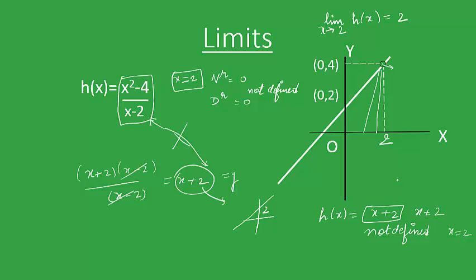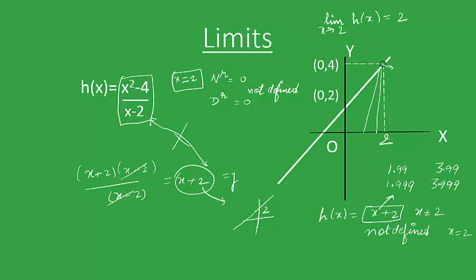As we put values closer to 2 but not equal to 2, let's say 1.99, we have the value of h(x) equal to 3.99, which is very close to 4. If we further increase the value towards 2, the value of the function gets closer to 4, and we can go further closer, but it will never reach 4.